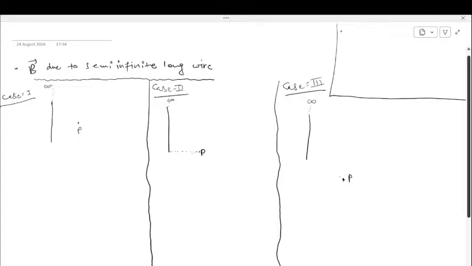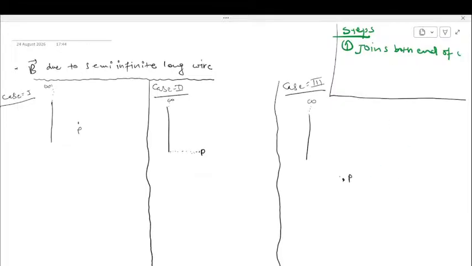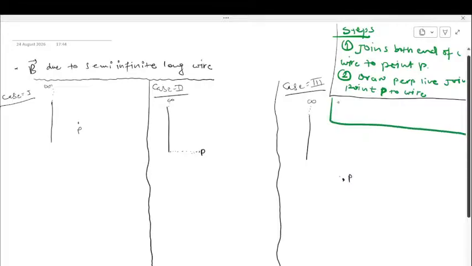First step: join both ends of the wire to point P. The second step is to draw a perpendicular line joining point P to the wire, and the third step is to take the angle.